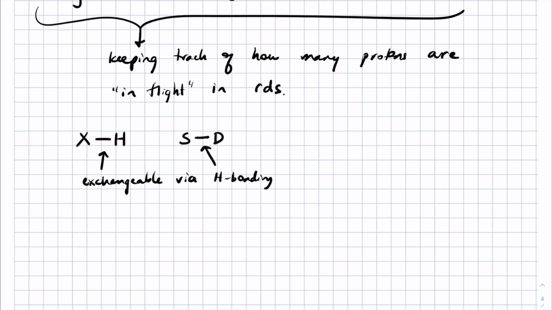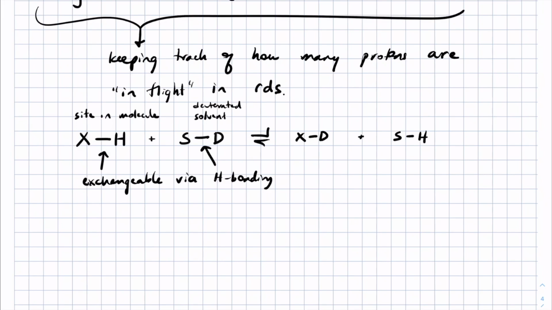This is an exchangeable site in a molecule that we're interested in, and this is an exchangeable site in our deuterated solvent. And that's going to be in equilibrium with the now deuterated exchanged site in our molecule, plus our solvent that now has hydrogen on it.